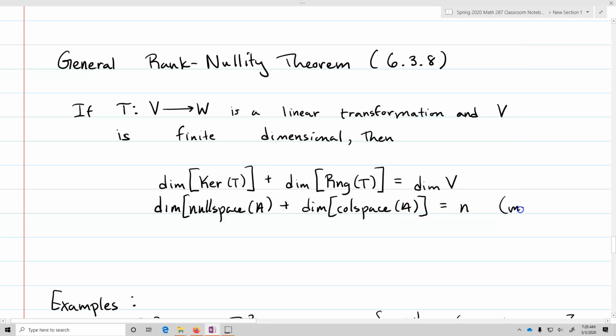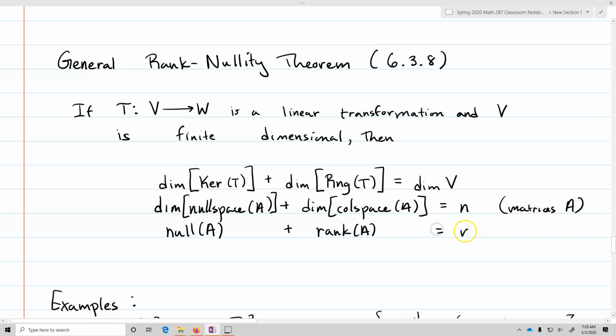This is for matrices A. Now, the dimension of the null space is called the nullity. Plus the dimension of the column space, if you remember, is equal to the number of pivots in the row reduction of A. Well, what's also equal to the number of pivots in the row reduction of A? The rank of A.